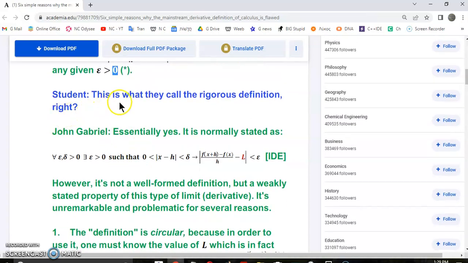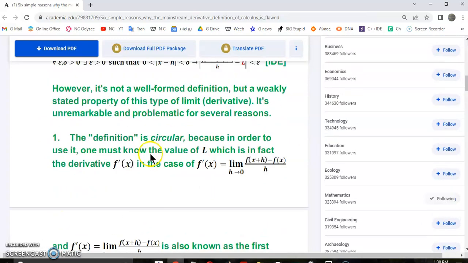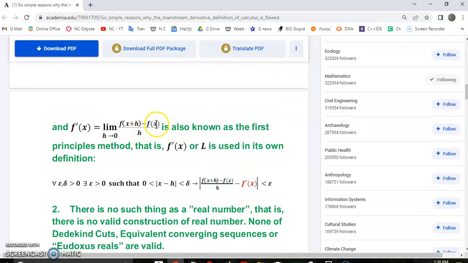So the student says this is what they call the rigorous definition, right? And essentially, yes, this here is what they call the rigorous definition, okay?